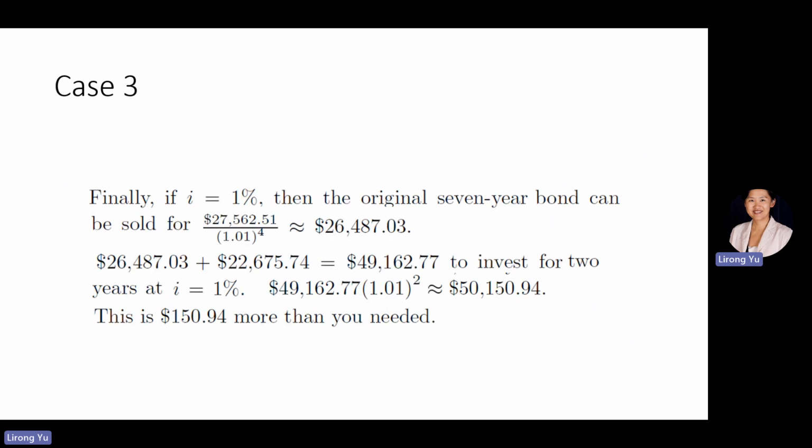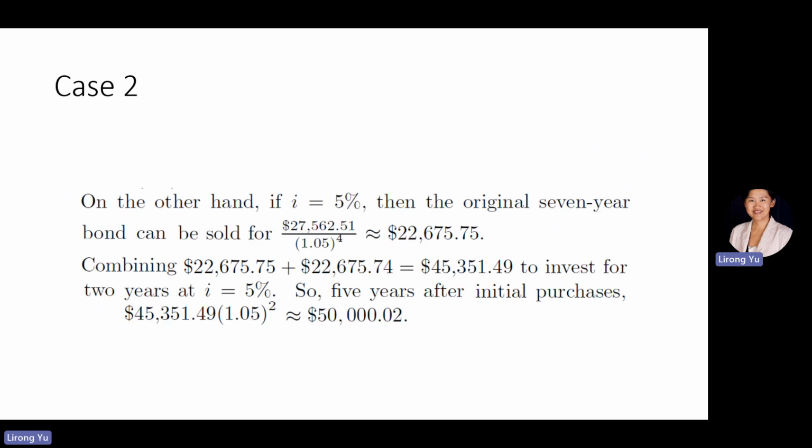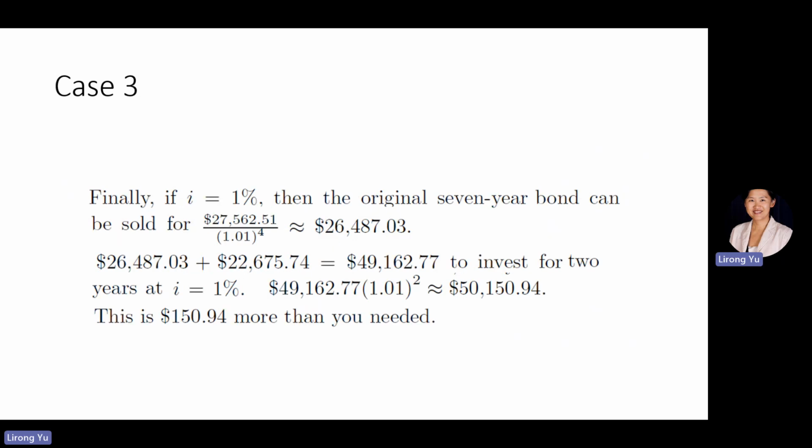Now, last one, if I equal to 1%, then discount the future value to time 3, which gives us more money. And then we add the maturity value 22,675, and then we invest it at 1%. We have 50,150, and that also has, interestingly, actually a higher value than the 5%.